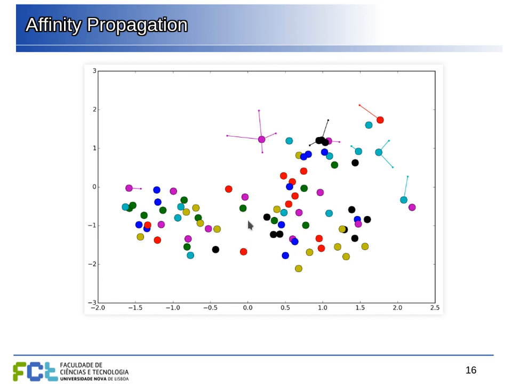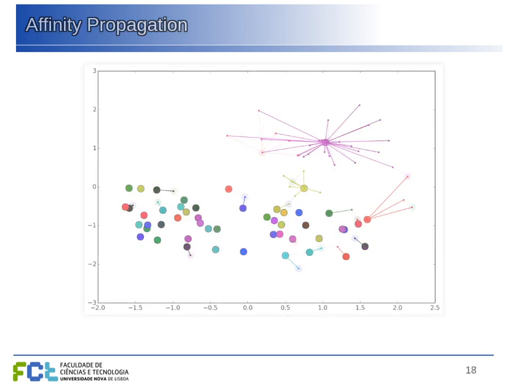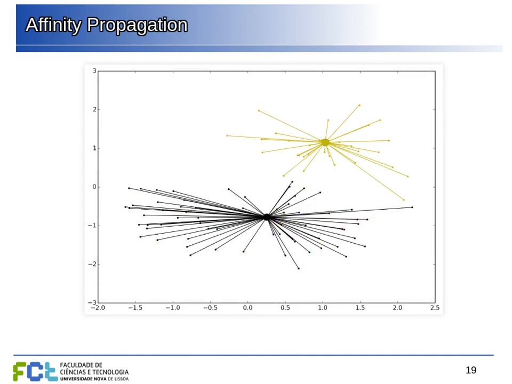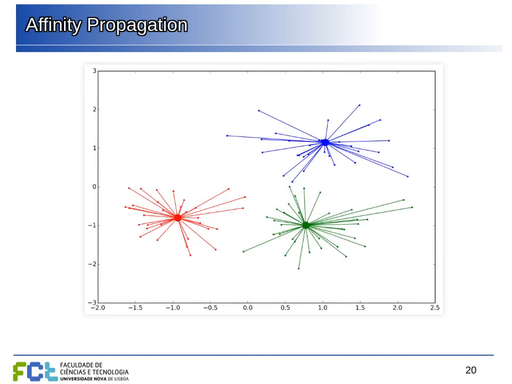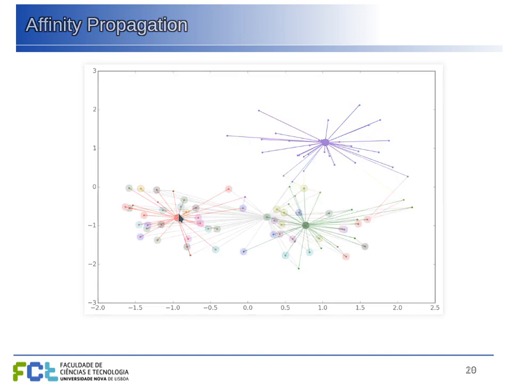Then we start having fewer clusters as the points vote for their representatives and start merging together. This is not monotonic. It can happen that as we continue the iteration some clusters separate, but eventually we reach a stable solution, so we don't have more changes.